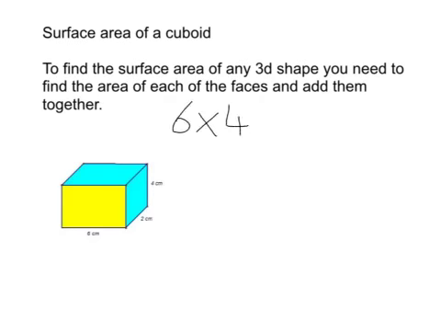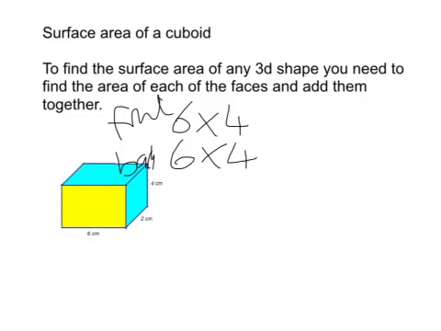And we call this the front. So, because we know the front is 6 by 4, we know the back will also be 6 times 4. So that's the front and the back.